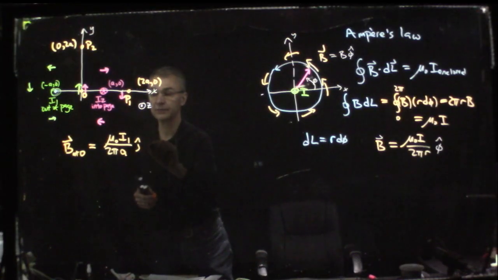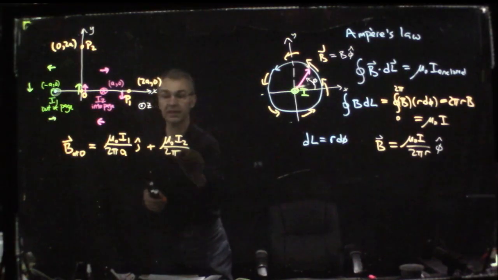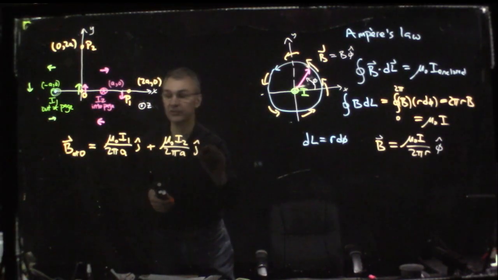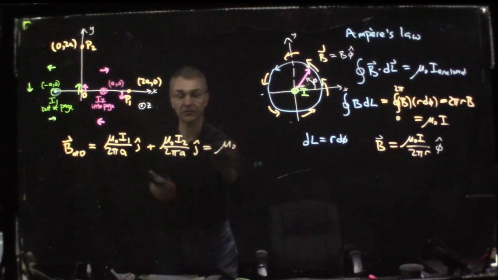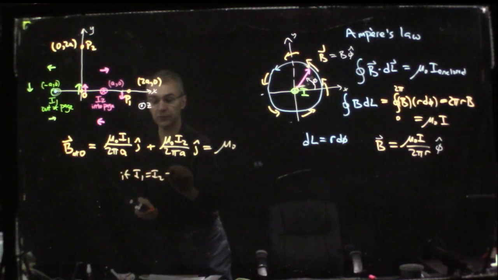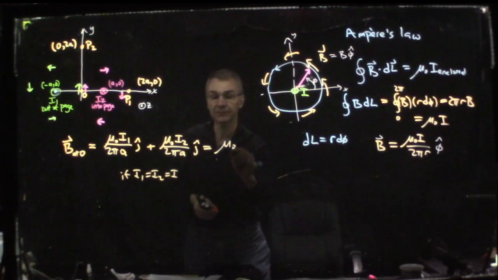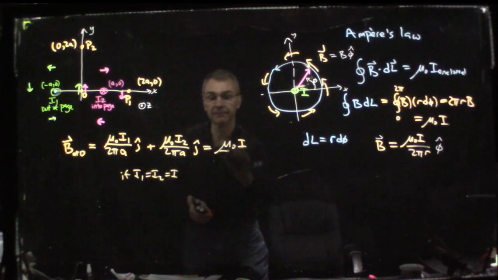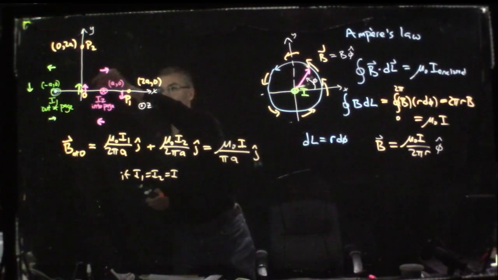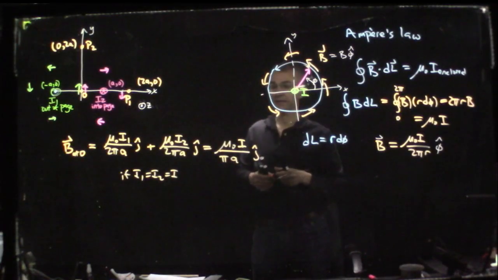And then we have plus mu naught I2 over 2 pi, again, this distance is a, times j hat. So then, if I1 equals I2, value I, same magnitudes, just into versus out of the page, this is mu naught I over pi a, and it's in the plus y direction, so that's plus j hat.